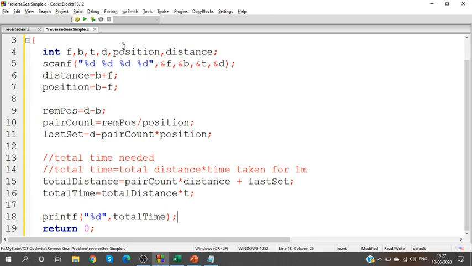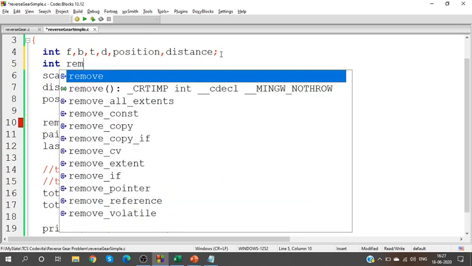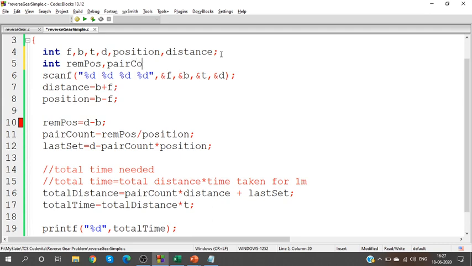Okay. So now let me execute this. Okay, I haven't declared any variable. Declare everything: remainder position, pair count, last set, total distance and total time. Okay.